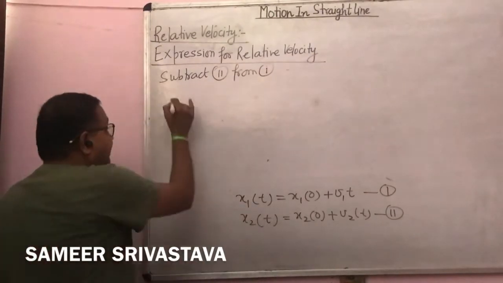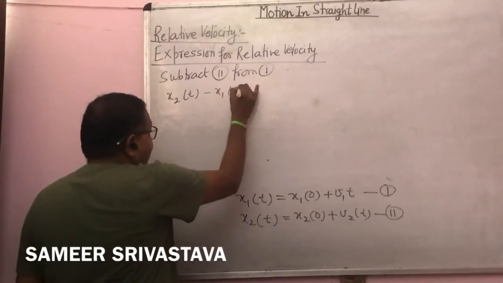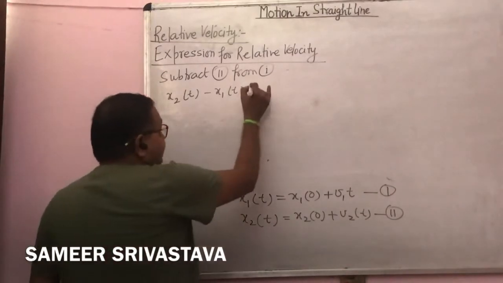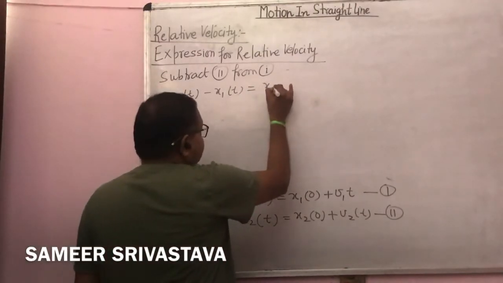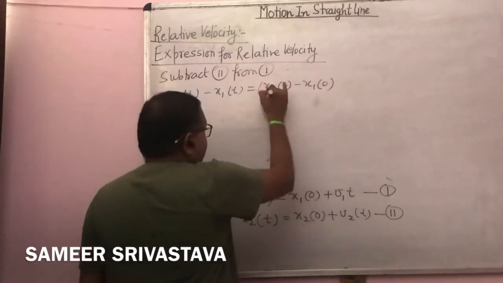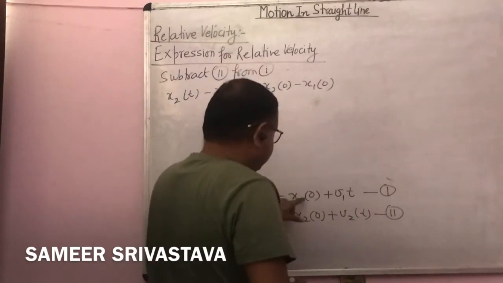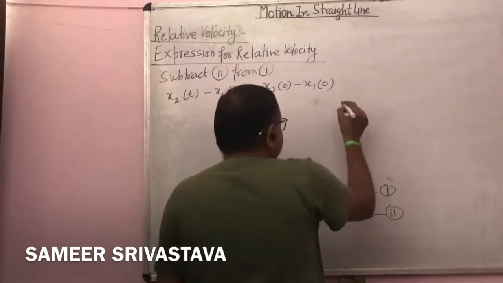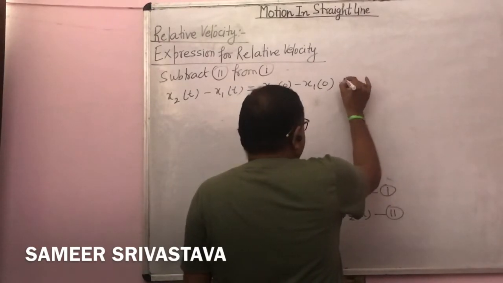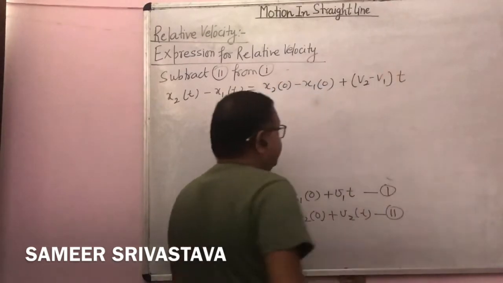Now we can write x2t minus x1t is equal to x20 minus x10 plus v2 minus v1 into t.